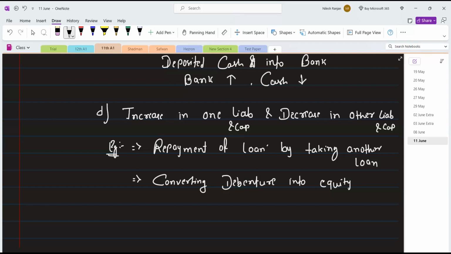So it means you have taken a loan and now you told the person from whom you have taken the loan that you should become a partner in business. So his loan will become capital, he will become the partner in business, and this is how debenture is converted into equity. Understood? Is this clear?